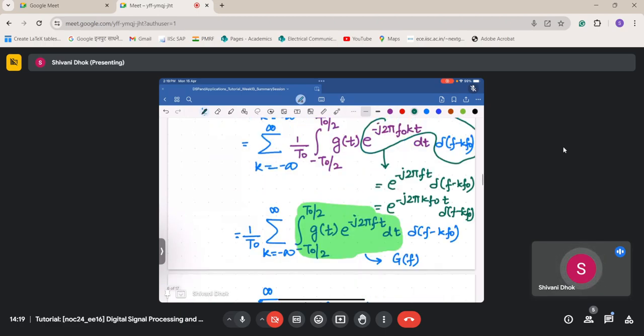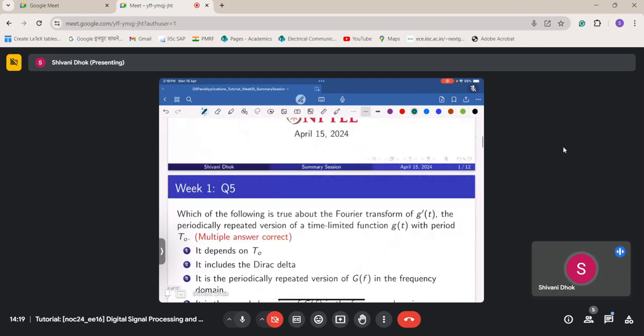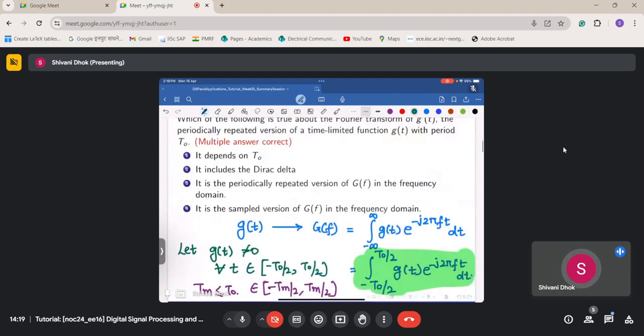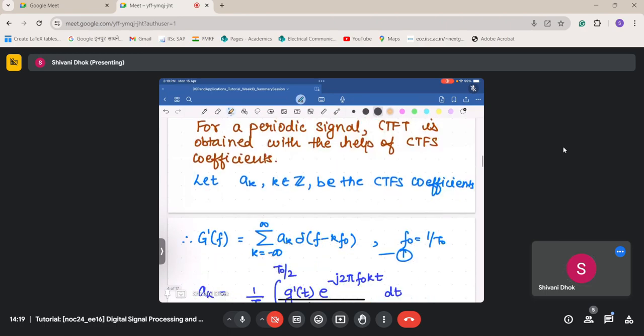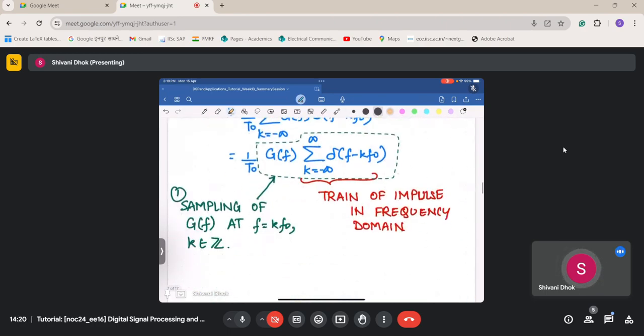Now let us go back to the question which we had and look at the last option. This Fourier transform of g prime of t, it is said that it is the sampled version of G of f in the frequency domain. So yes, it is a little bit scaled, but still it is a sampled version of G of f in the frequency domain, and therefore this option is correct. Now another thing is, it depends on T naught. So let us observe the final expression.